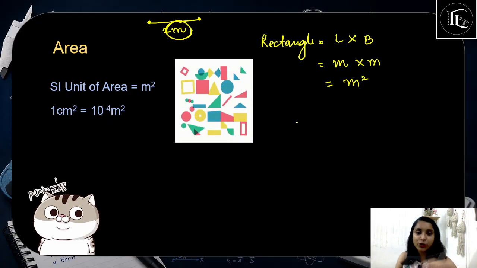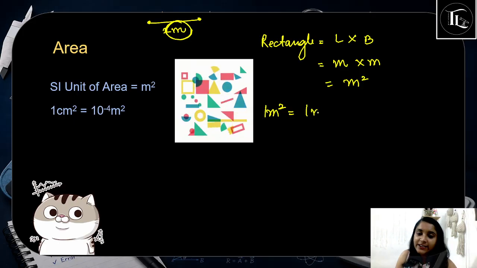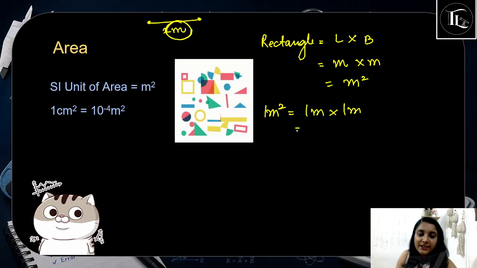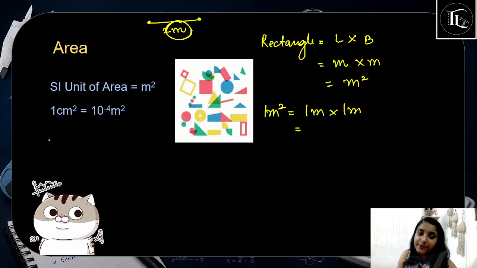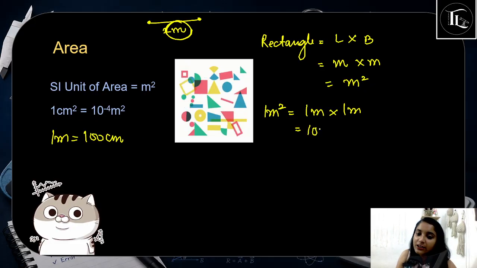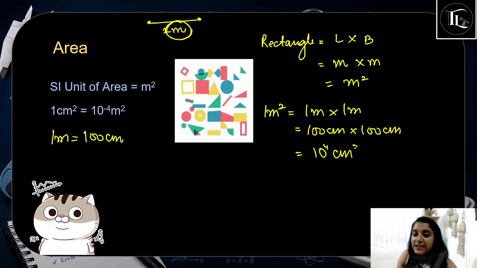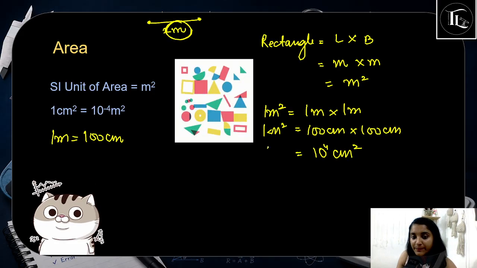Now comes the conversion. If I say 1 meter square, I can write it as 1 meter into 1 meter. And in 1 meter, how many centimeters are there? So 1 meter is equal to 100 centimeter, and we can write 100 centimeter into 100 centimeter. So it will be 10 raised to power 4 centimeter square.